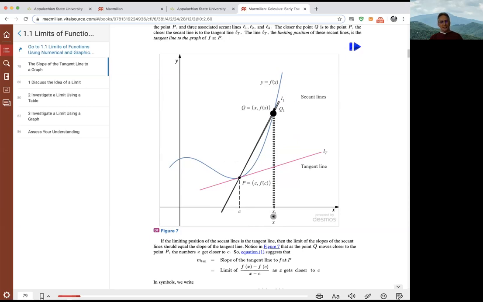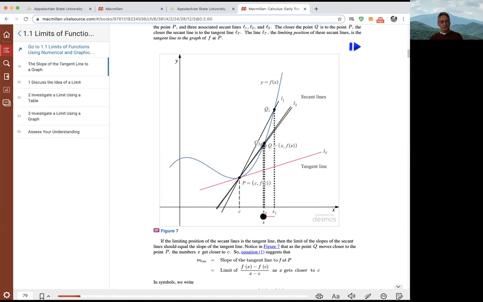Well, as we get closer, and bring it a little bit closer, notice the x is coming in here, and it reaches a different x, x sub 2, let's say. It's getting closer. The slope of this secant line is closer to the slope of the tangent line than it was from that first line, but it's still quite a ways away.